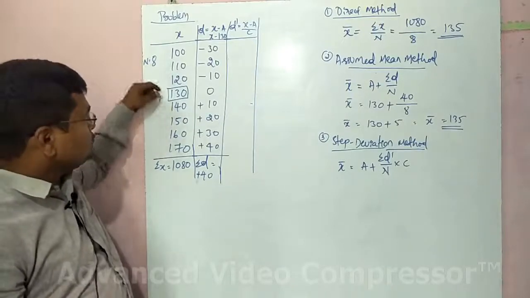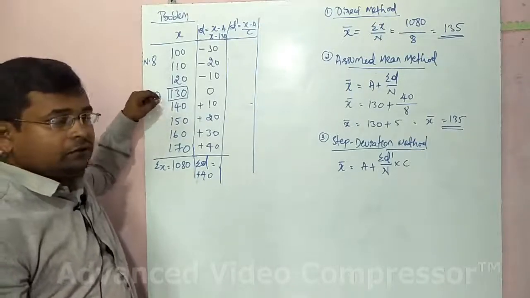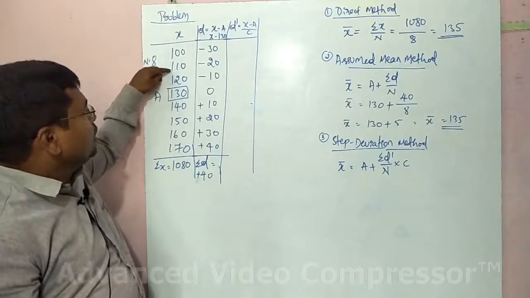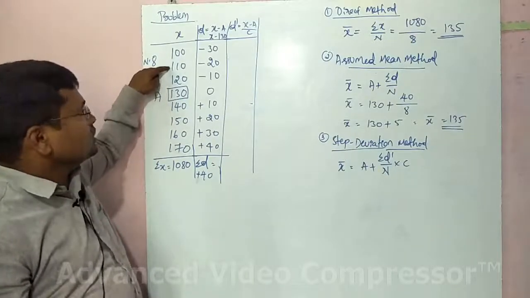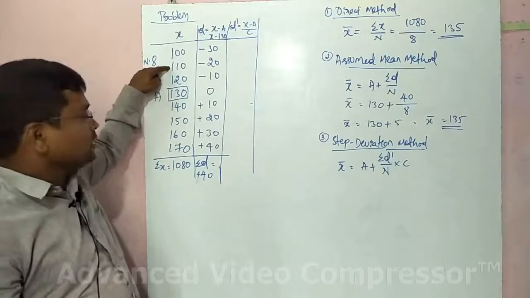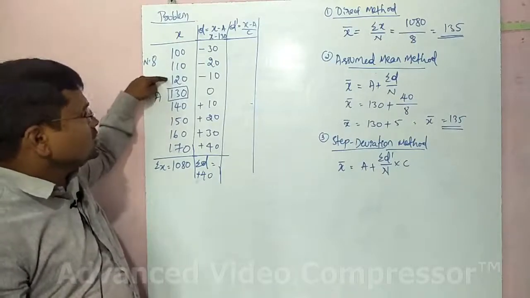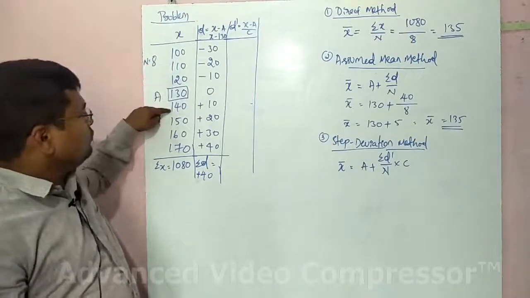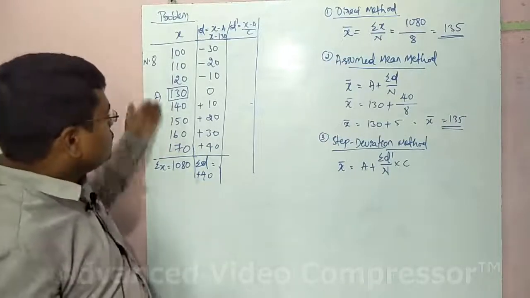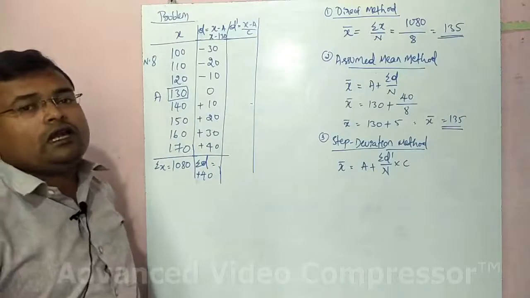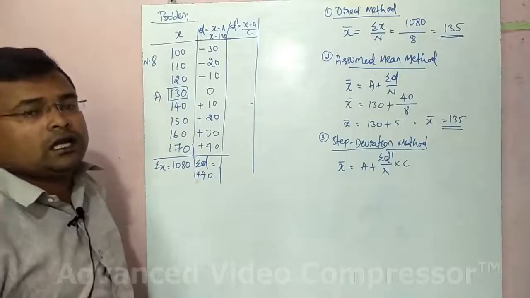So the common difference here is 10. For example, 110 minus 100 is 10. Again 120 minus 110 is again 10. 130 minus 120 again 10. 140 minus 130 again 10. So in all these values we are getting a common difference of 10.